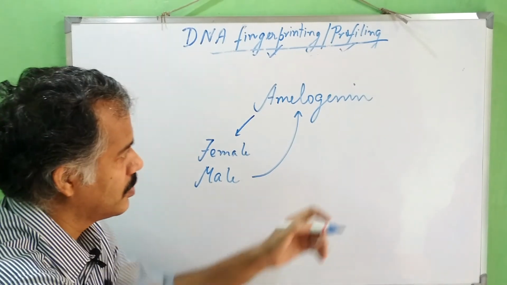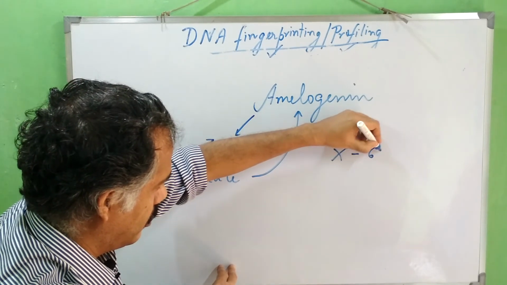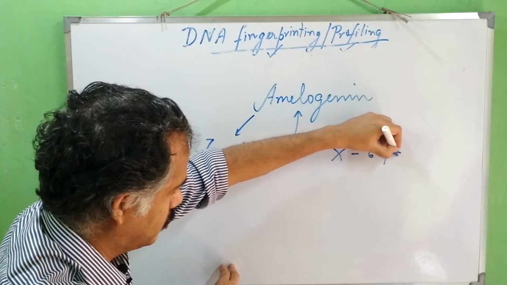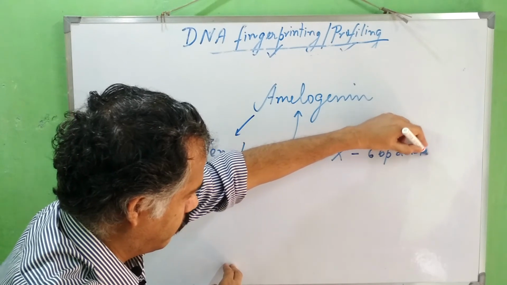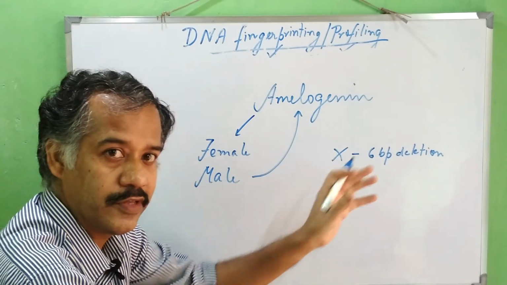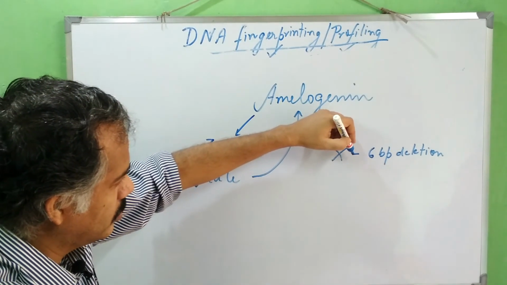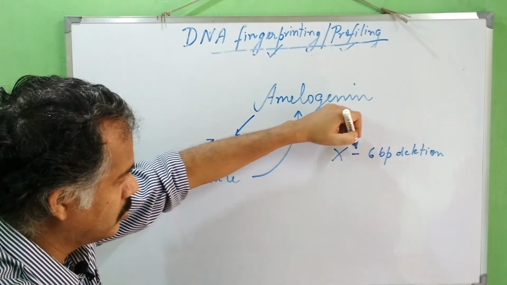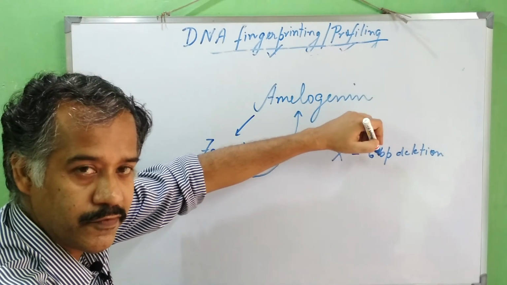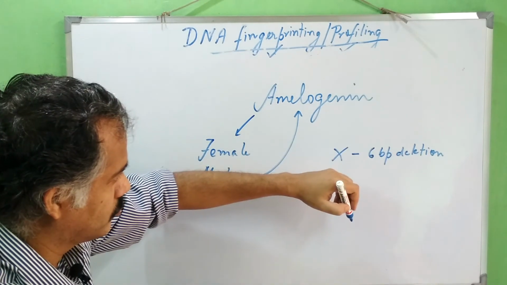This is because in the X chromosome there is a 6 base pair deletion in one of the introns of the amylogenin gene. So this X chromosome amylogenin gene is shorter than the Y chromosome amylogenin homologue by 6 base pairs.